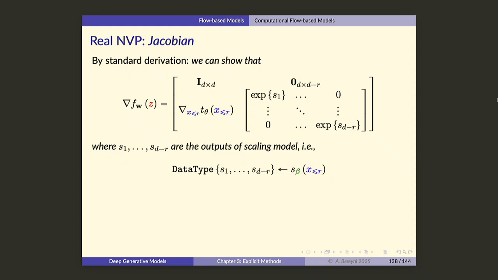And then here, in this part, you're going to have a d minus r by d minus r matrix. And this d minus r by d minus r matrix is again diagonal. The entries inside the diagonal of this matrix are exactly the outputs of your scaling network. Okay? And here, you're going to have the gradient of your translation network, or the Jacobian of your translation network, which is going to be d minus r by r, because you have r inputs and d minus r outputs.